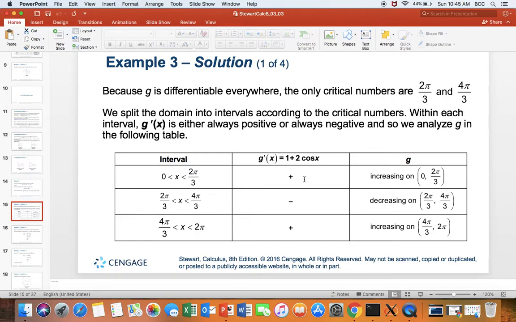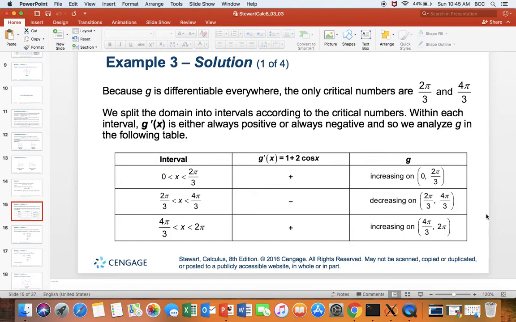So pictorially, what this means is g is going up over here, going up and then coming down. So this cut point is going to give me a local max. Whereas the second cut point, look at the left, I'm going down and then going up.